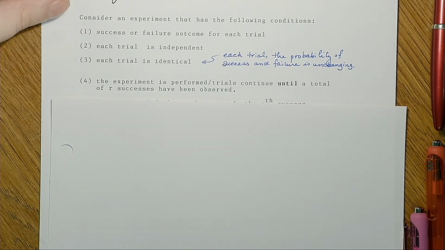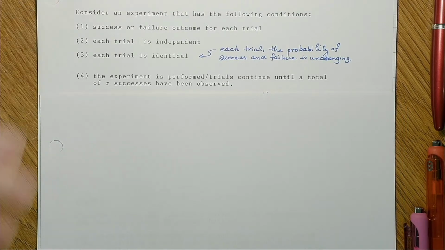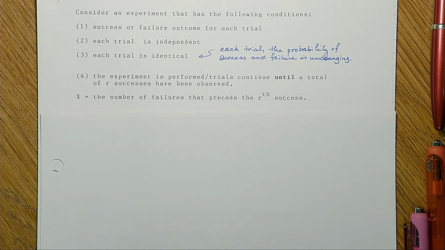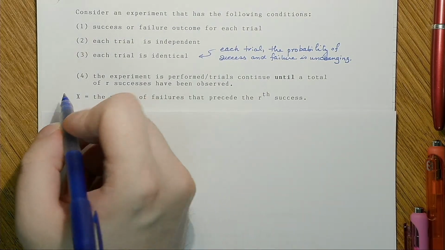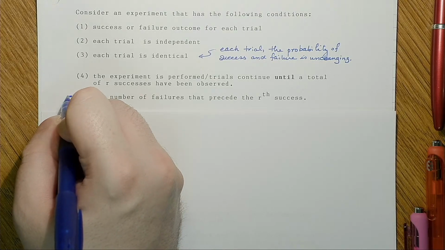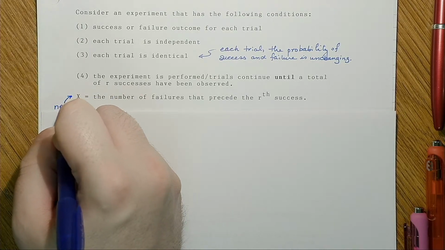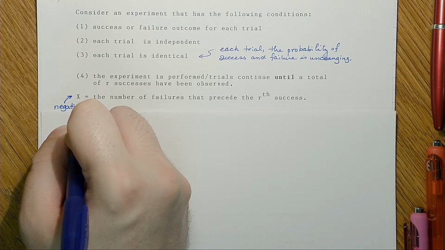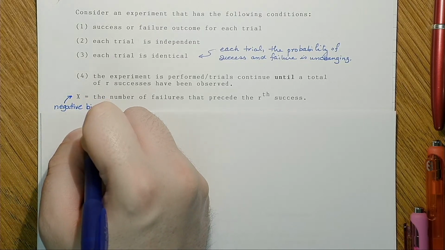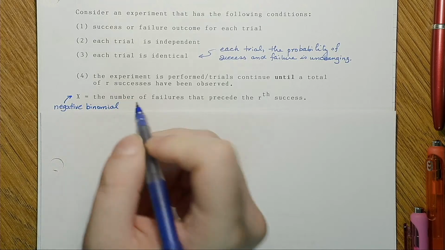In this case, the experiment is performed, or the trials continue, until a total of r successes have been observed. So the negative binomial random variable will be, this is the random variable.